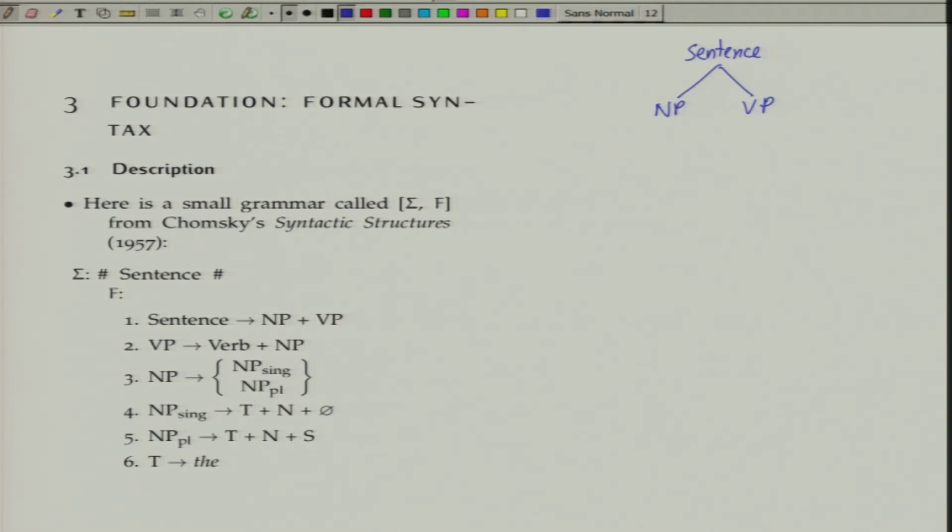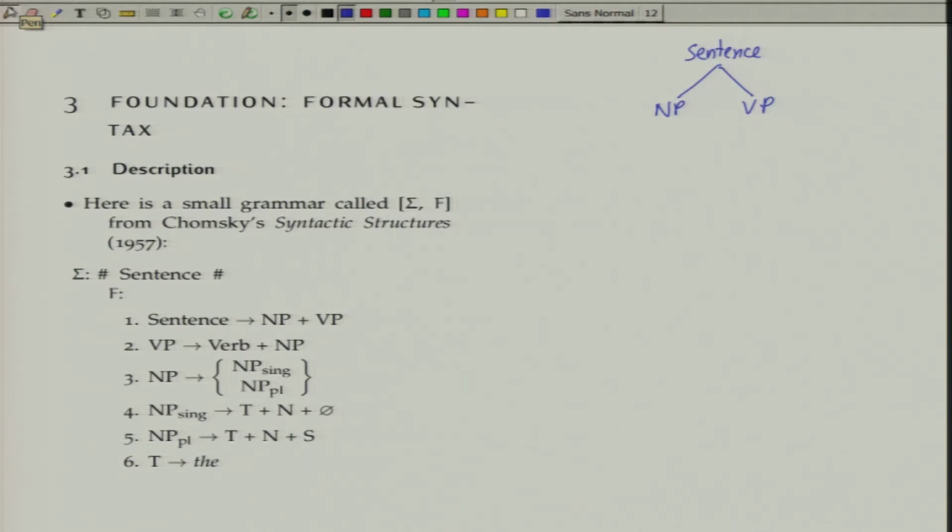This can be translated as sentence, and then NP plus VP. So we are going to use this format today. We are going to use the tree format today, not the rewriting format. We can understand that they correspond to each other, but this is easy to see and to read.